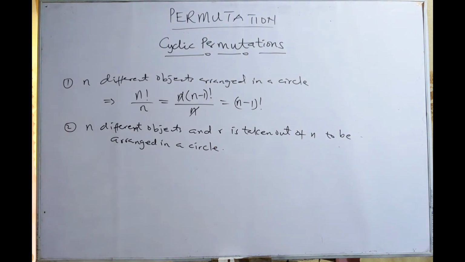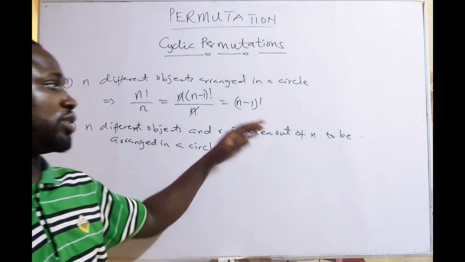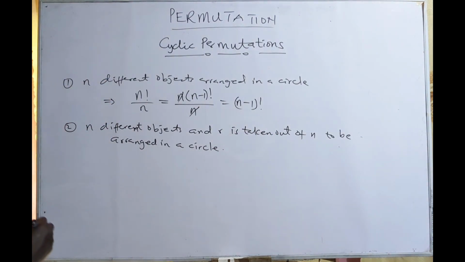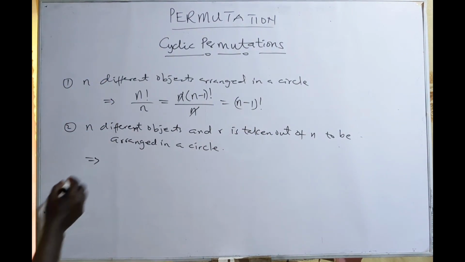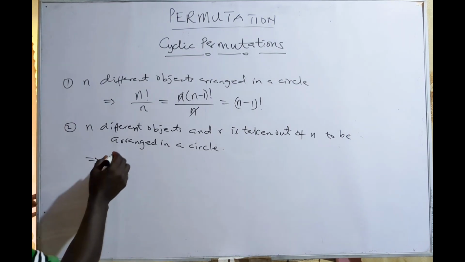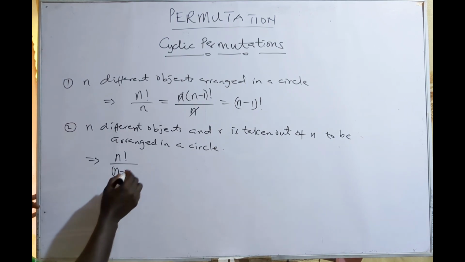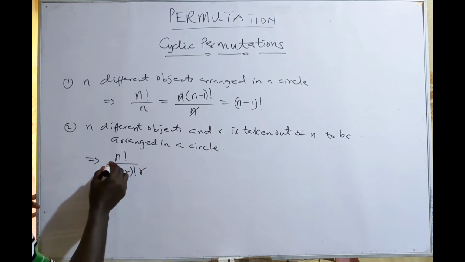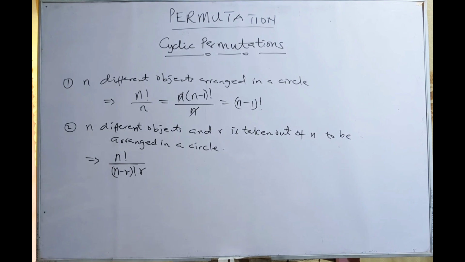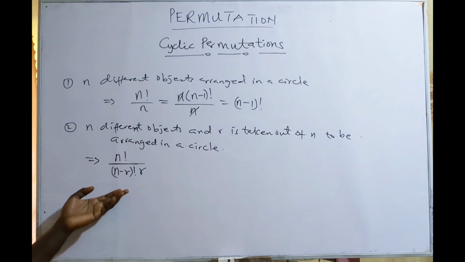So if I have n different objects and I have chosen R out to be arranged in a circle, then this is how the number of ways I can arrange is going to be. That will be n factorial divided by n minus R all factorial multiplied by R.